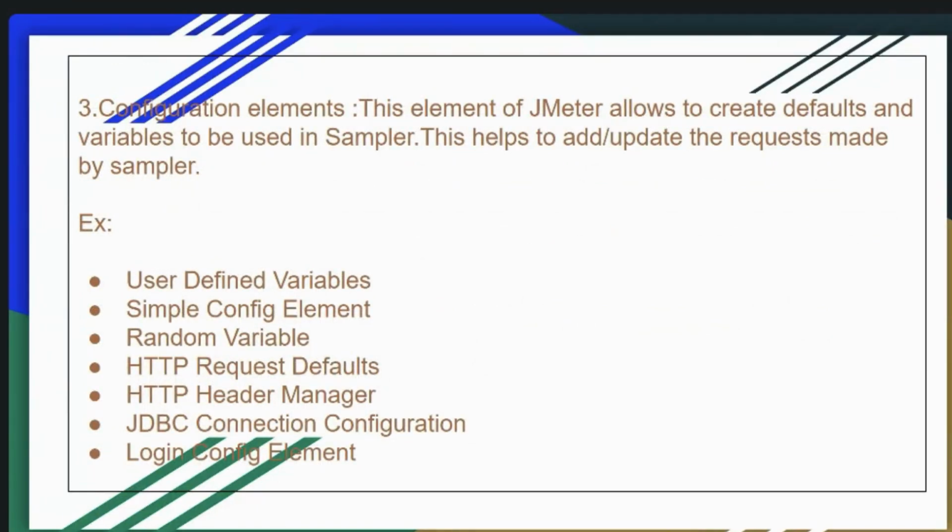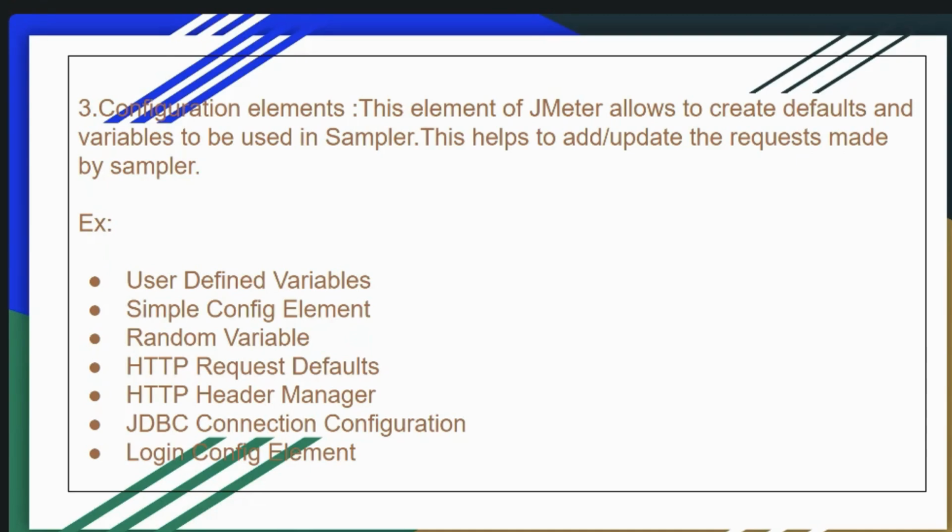Then the configuration elements. When we define a request, that request will be in the form of either an HTTP request or a JDBC request, or it can be a JSON or XML request. So it completely depends on the project you are working on and what is there in your test plan document, and also on the organization policy.